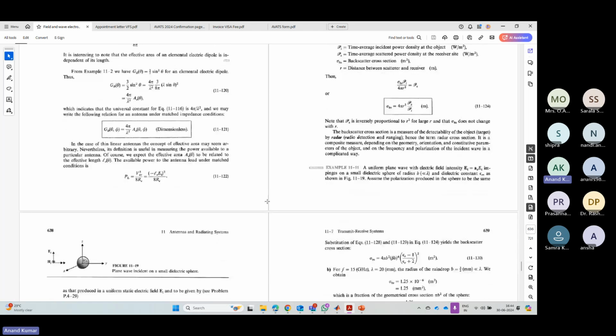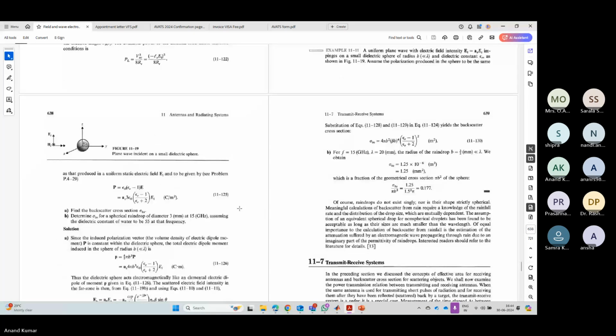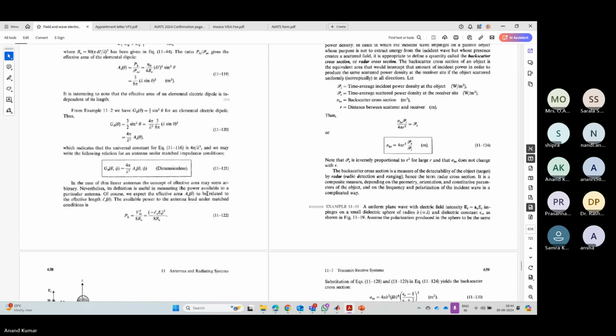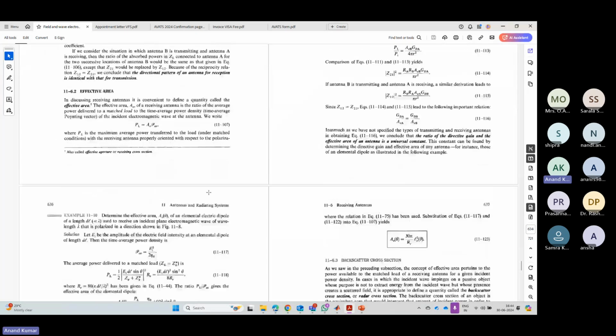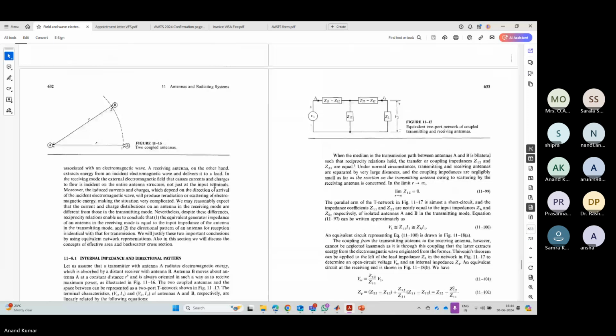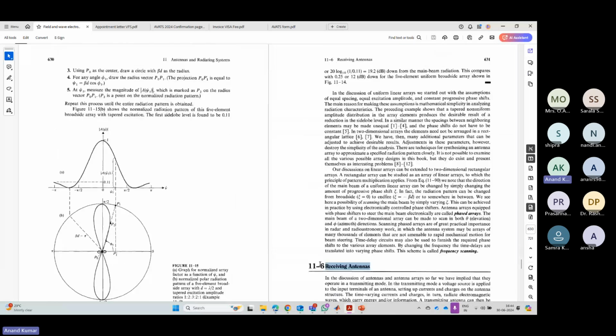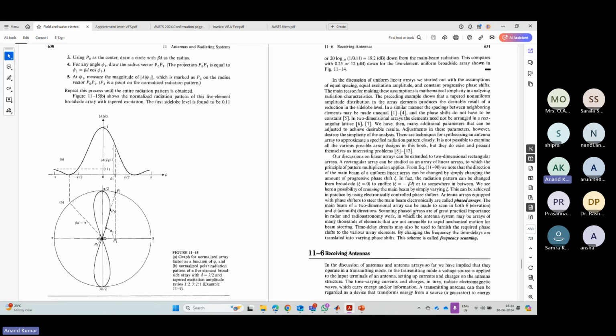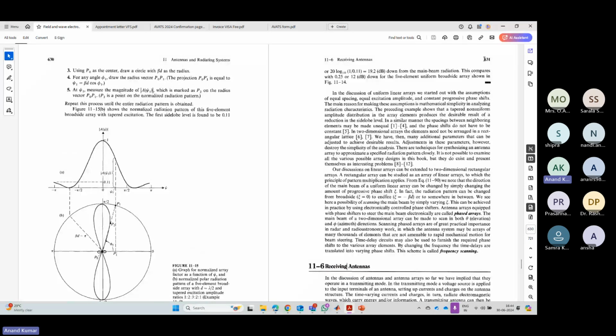If we go here, this is the transmit and receive system, just before the receiving antennas, page number 631.